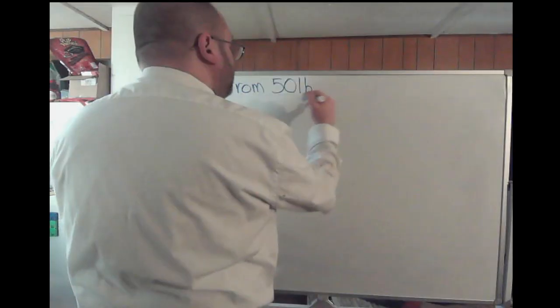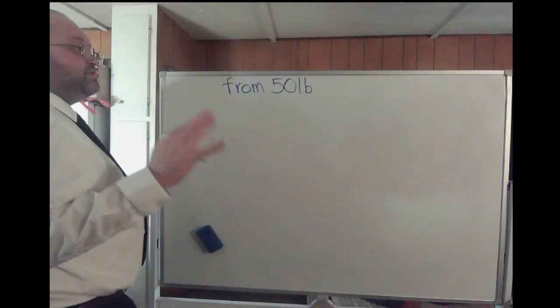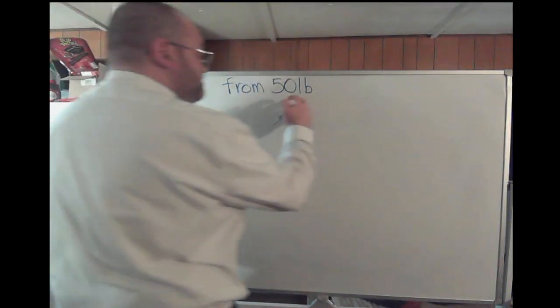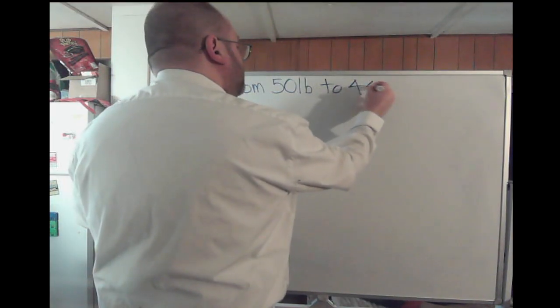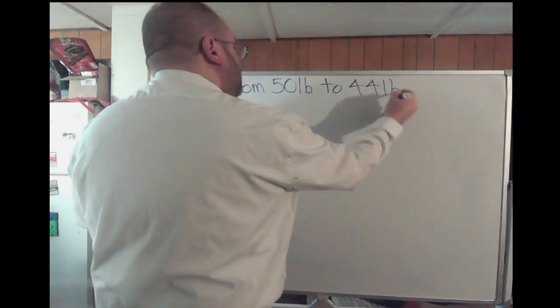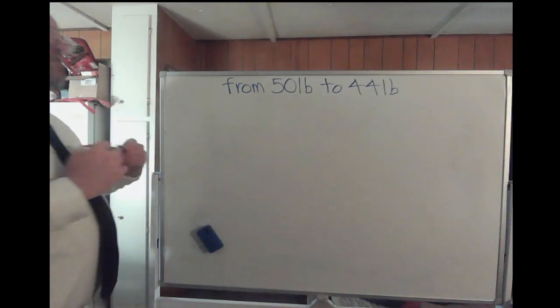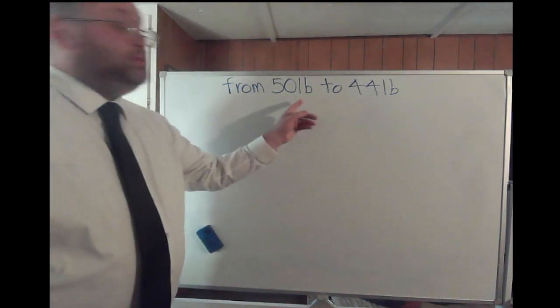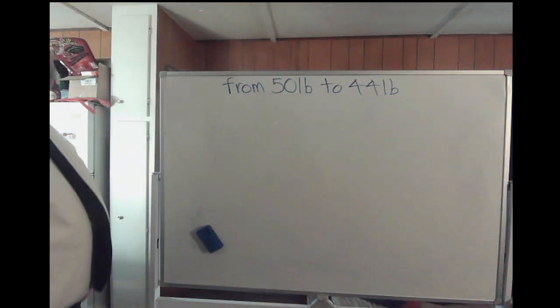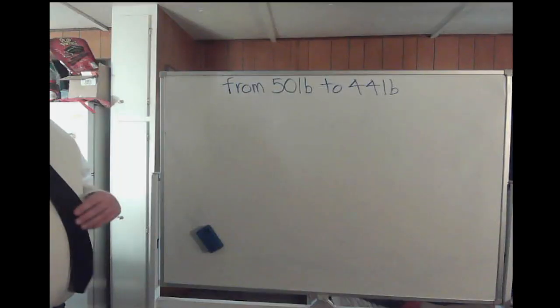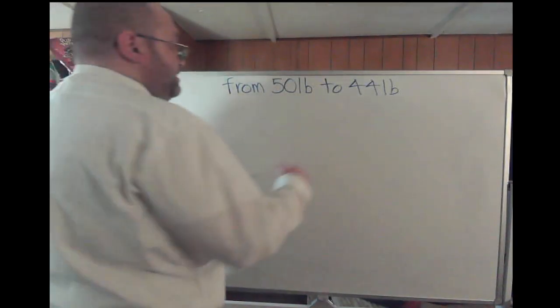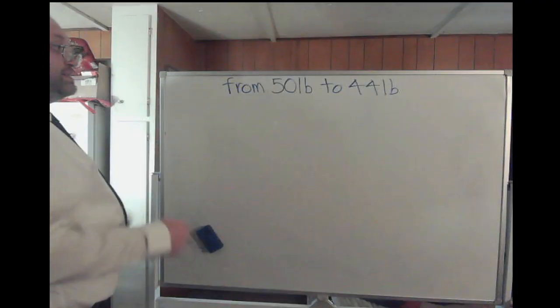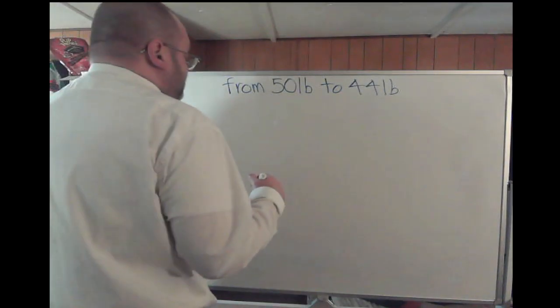So they initially sold this bag of dog food in a 50-pound quantity. Well, now they're charging you the same price, but you only are getting 44 pounds instead of 50 pounds. Well, that's definitely a decrease. And isn't that the truth anymore with the way things are going? You still pay the same amount for less, or actually you pay more for less sometimes.